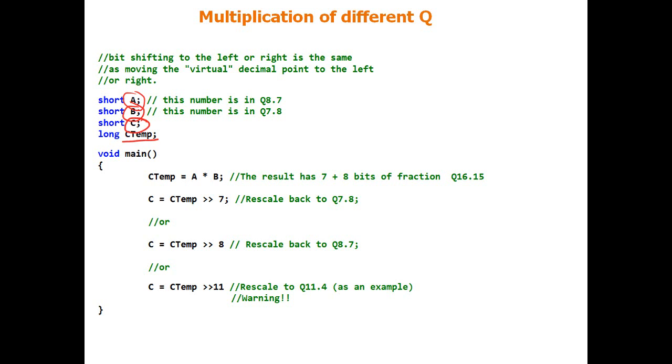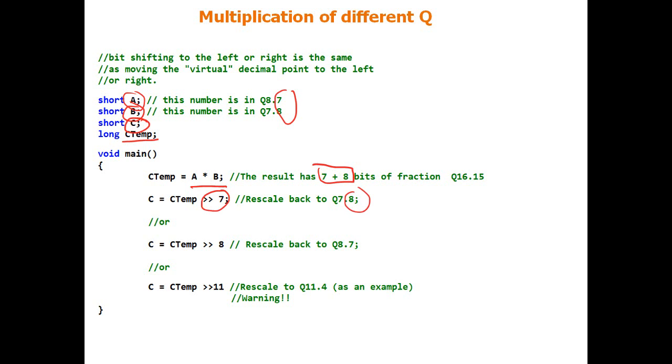So the first thing we do is we take A times B. The result has 7 plus 8 bits of fraction, so we have a Q16.15. Now, we have to decide how we want to rescale. We can bit shift. We can do whatever we want. So if we bit shift back by 7, we can subtract off 7 of these fractional bits. All right? So 15 minus 7 is Q7.8.